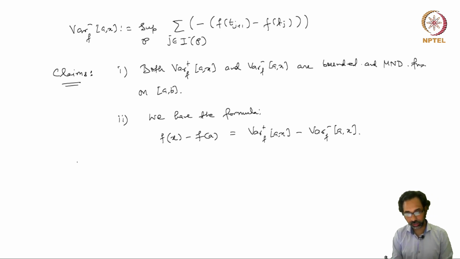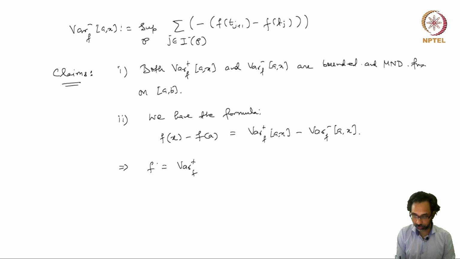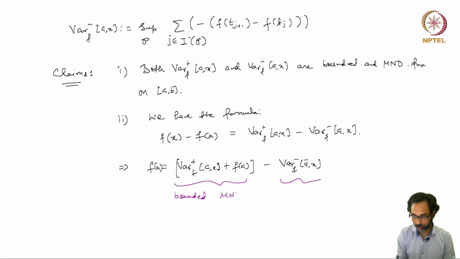Of course, assuming both these claims are true, then we immediately get the statement of this lemma, because this implies that f(x) is equal to Var plus on [a,x] plus f(a), so this is one function, minus Var minus of f on [a,x], and both these functions are bounded and monotonically non-decreasing.